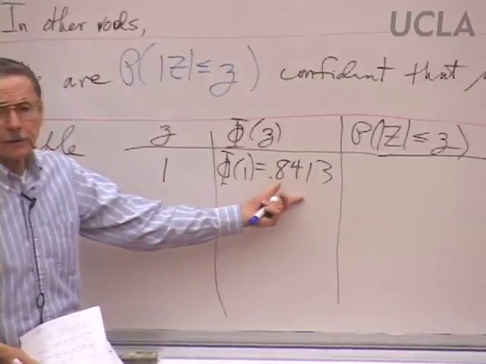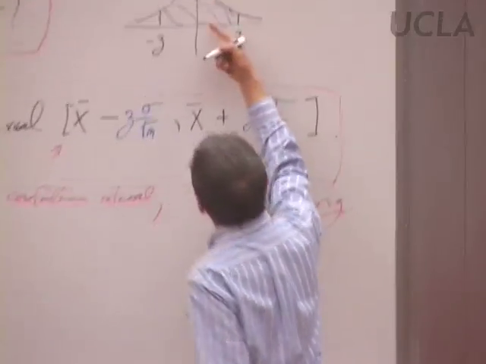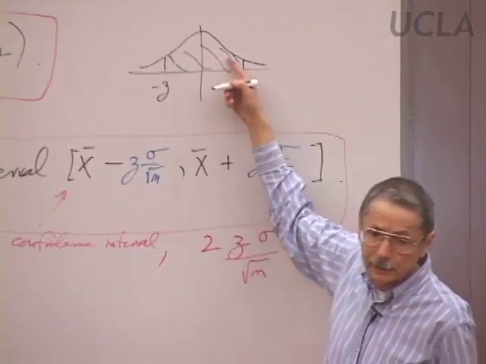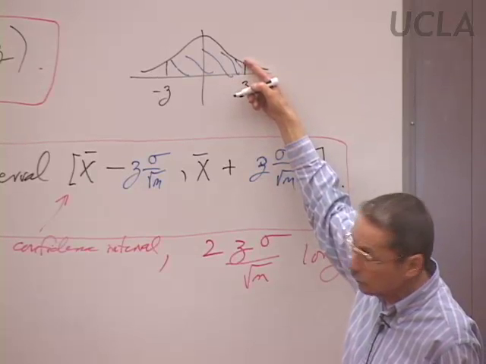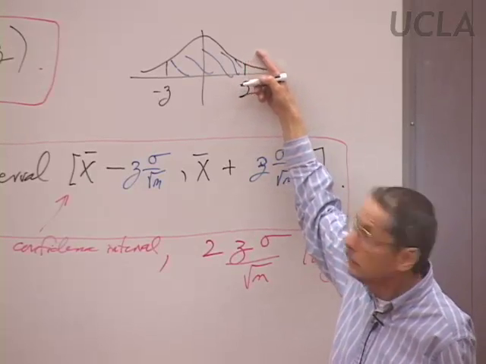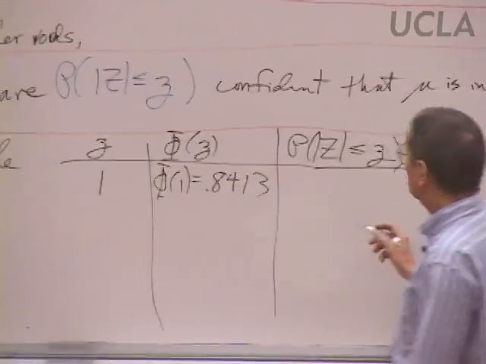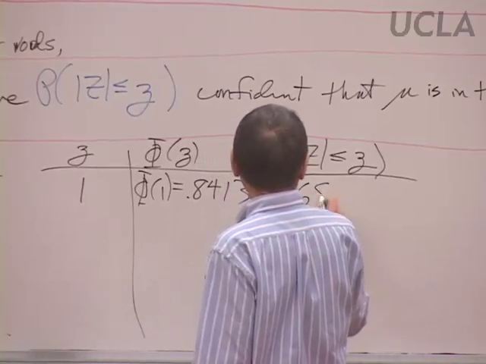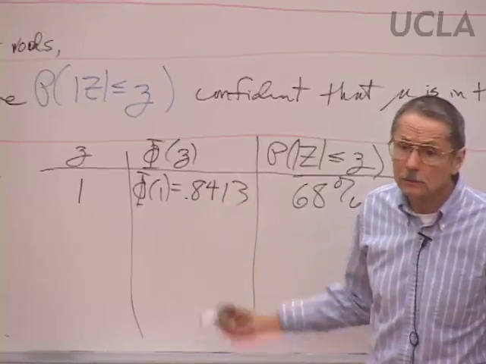And so that tells us that the right half of this area would be 0.3413. And so the whole thing is twice that, about 68%.